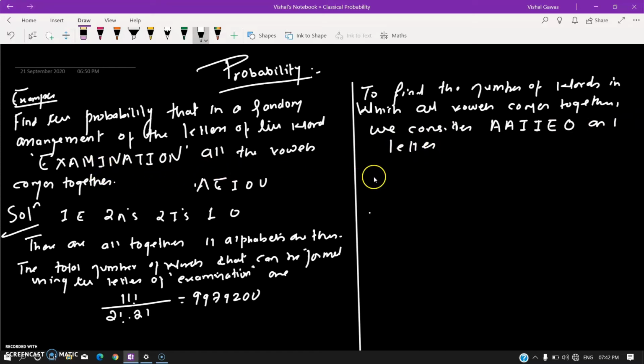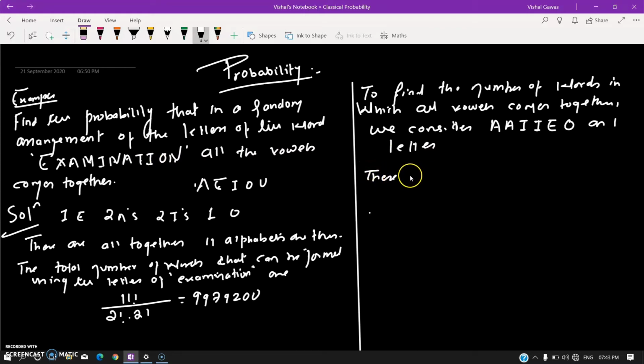Since all six are vowels, this group counts as one letter. So altogether, how many letters do I have? The five consonants plus one, that is six.